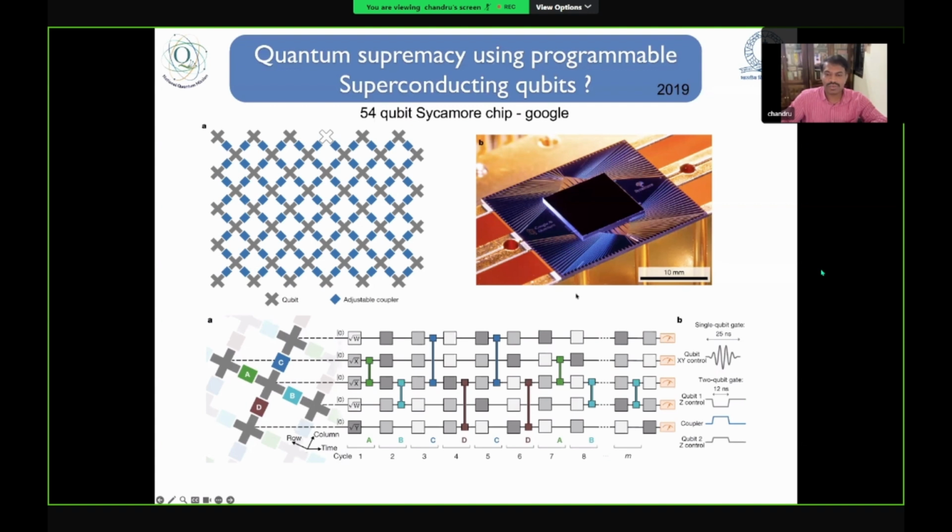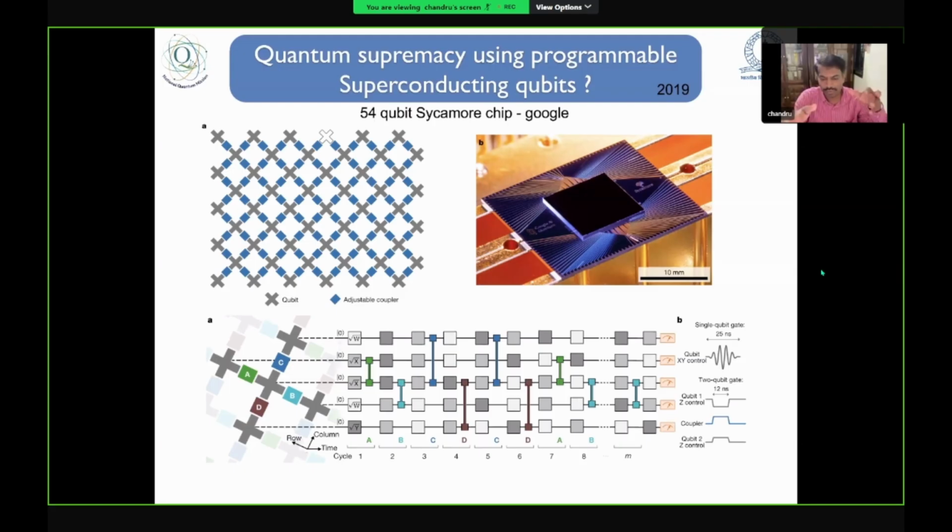And then the question they asked was, if you had to implement an equivalent state generation on a classical computer, how much resources and time would you need? What they said at that point was that no classical computer can efficiently do that in a given time, and we can show it with 54 qubits.